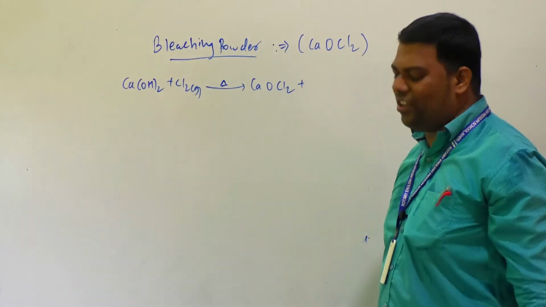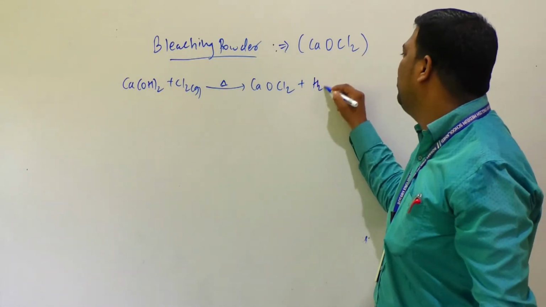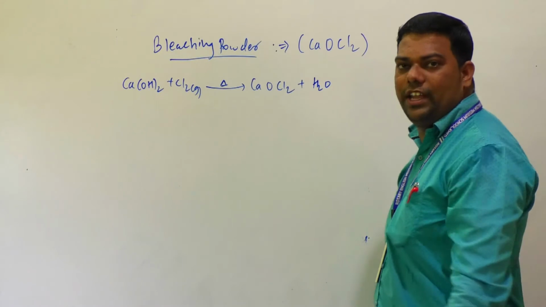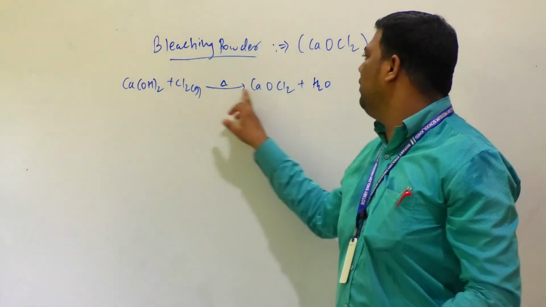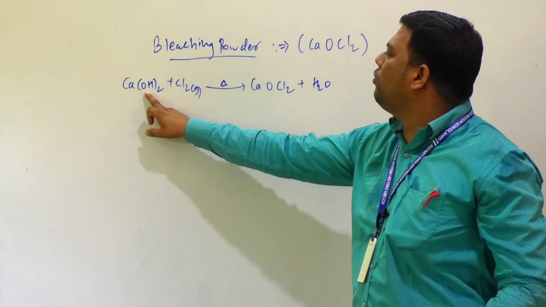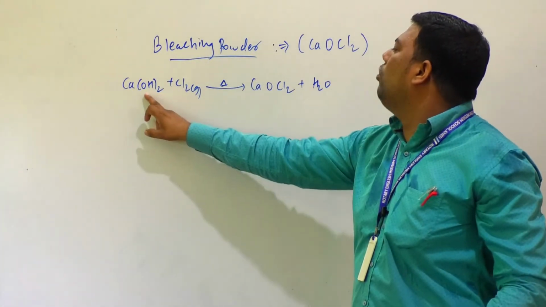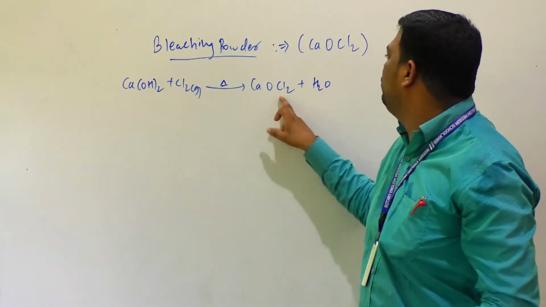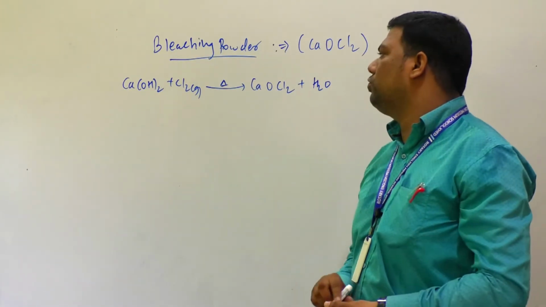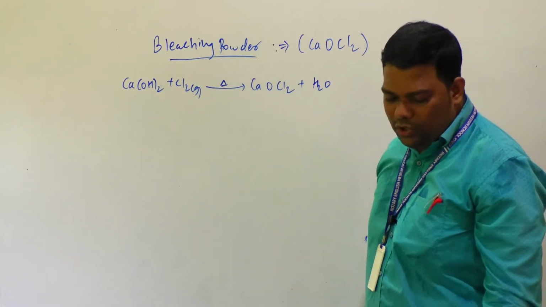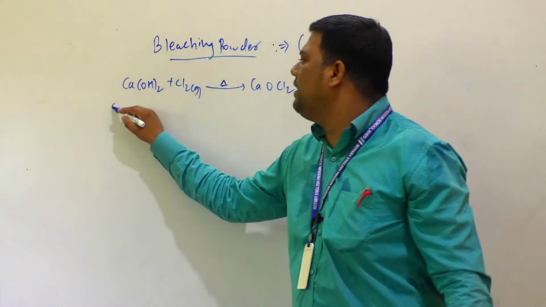Let us see whether our reaction is balanced: 1 Ca, 2 hydrogen, 2 oxygen, and Cl2. So everything is balanced.